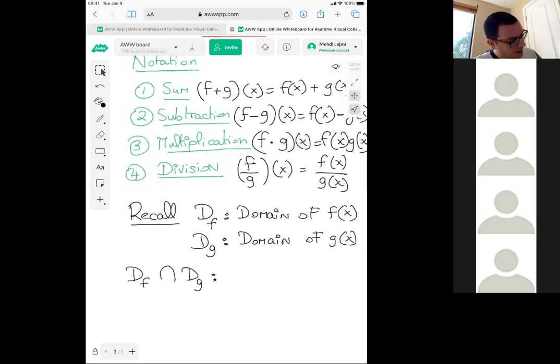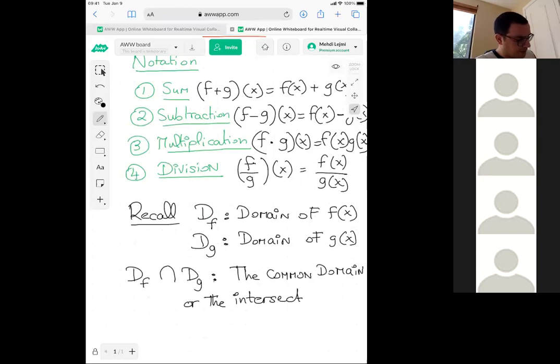So this is the common domain, or if you prefer, the intersection domain of df and dg, the intersection domain of df with dg, right?